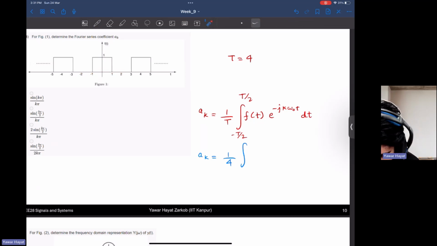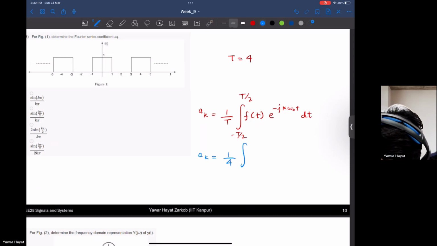In this interval, this is the signal that falls under this interval. So we evaluate minus 2 to 2 under this.